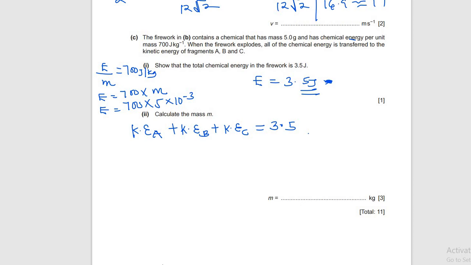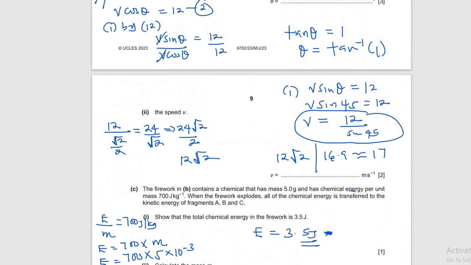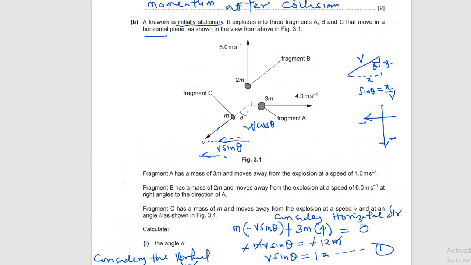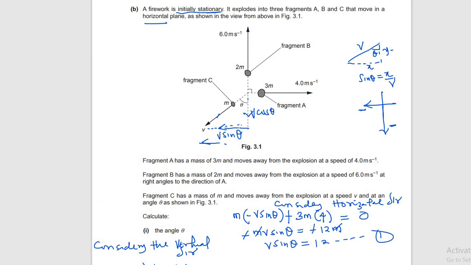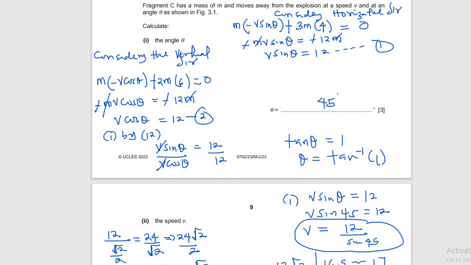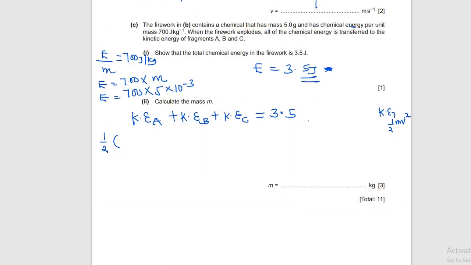We also recall that kinetic energy is half m v squared. For the first fragment, fragment A, the mass is 3m and the speed is 4, so half times 3m times 4 squared.